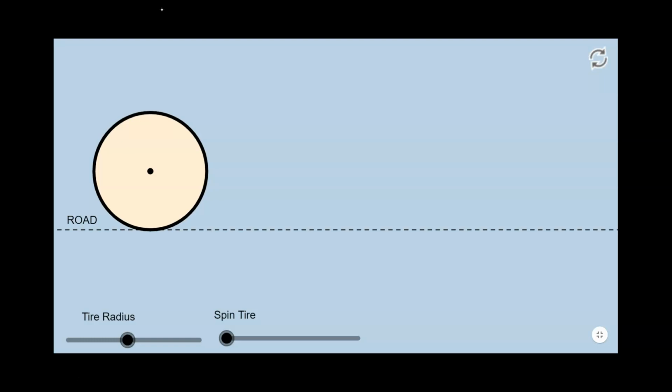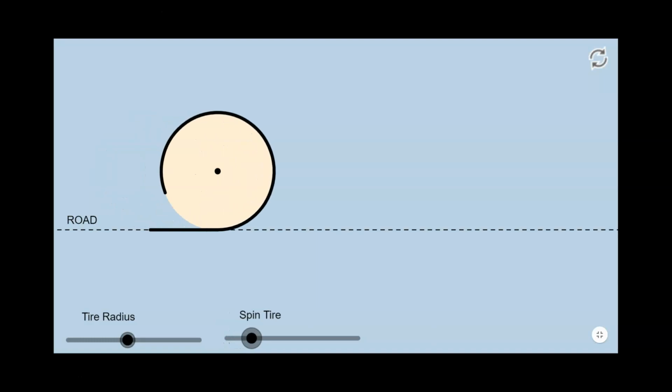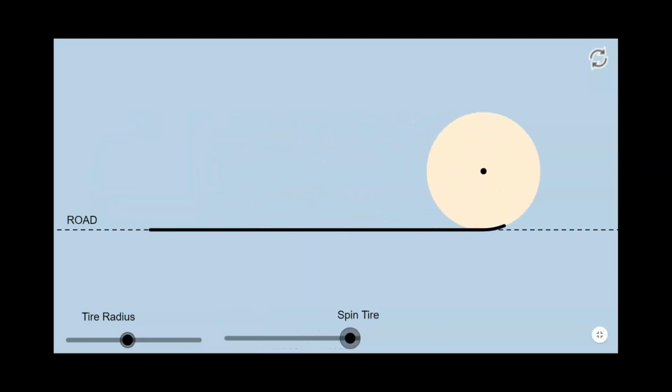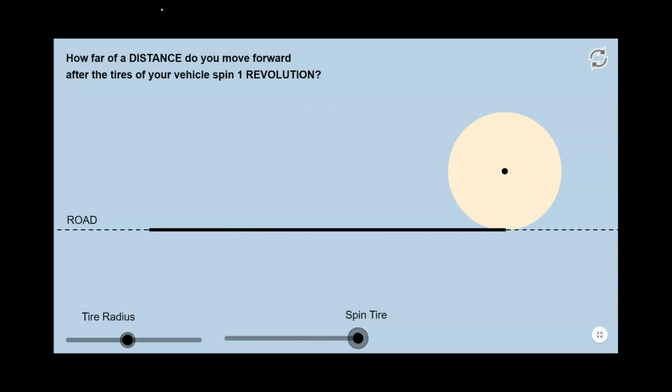We're going to unwind the circumference of that circle and show you that over one rotation, the tire or wheel will travel a distance equal to the circumference of the circle. So what does that mean in terms of velocity?